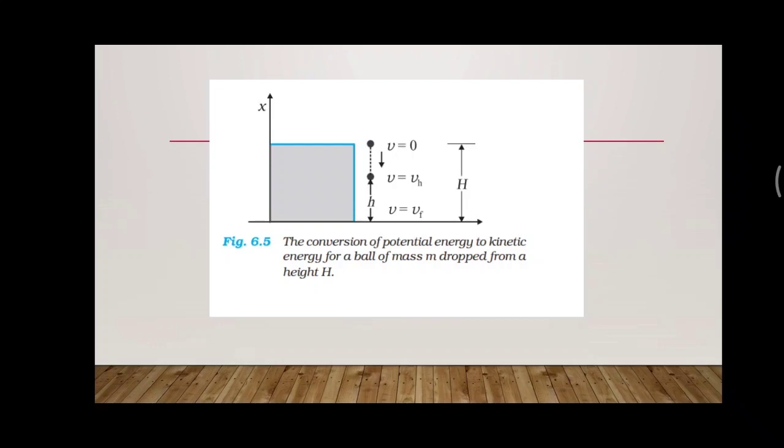And at the final point, just before hitting the ground, the velocity of the ball is Vf. So v is equal to v0 initially, v is equal to v h at a height of h, and v is equal to Vf just before hitting the ground, and H is the initial height. These are the values that you have to consider and remember.